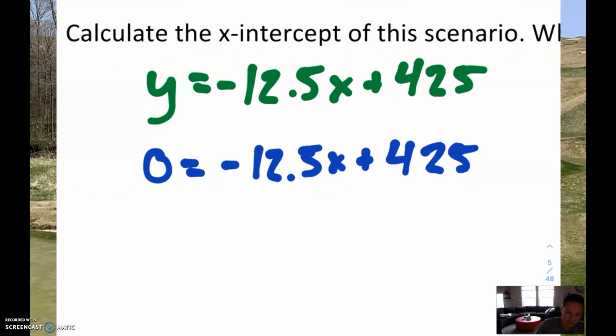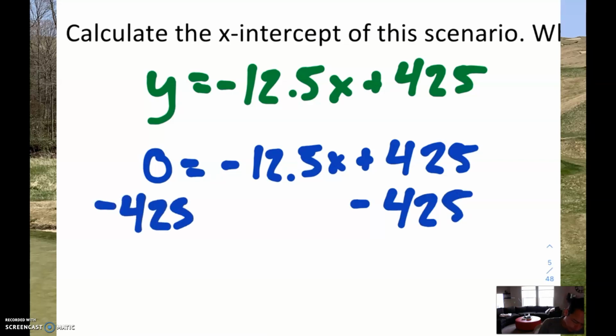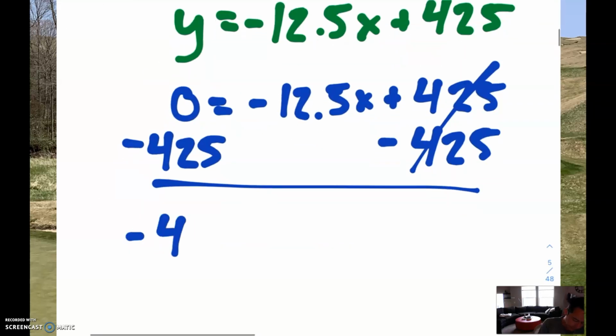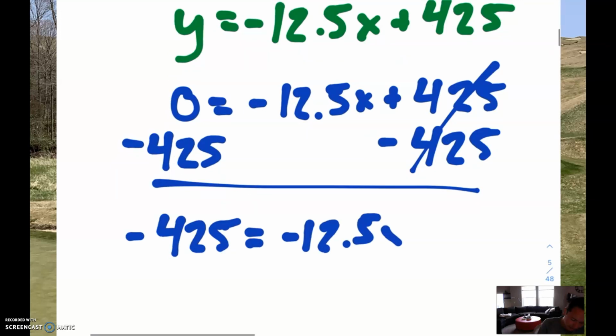And then we're going to solve. So we're going to get rid of that 425. So let's subtract it out. And we get negative 425 equals negative 12.5x. Now if we're trying to solve for x, we still have to divide, so let's divide by negative 12.5.